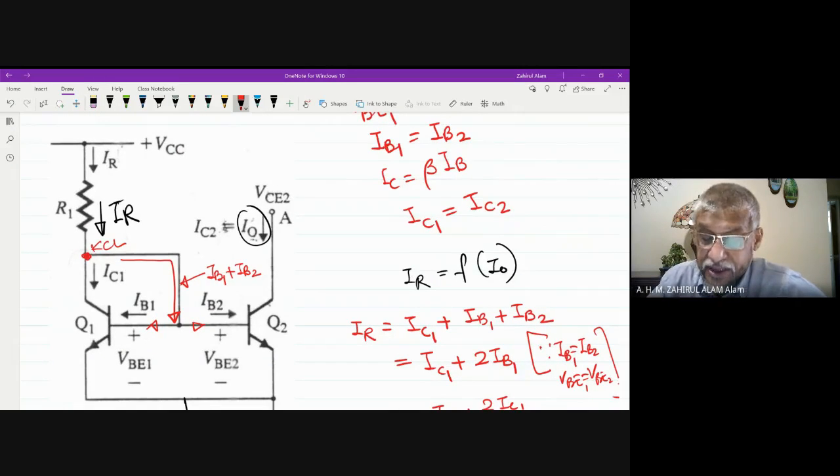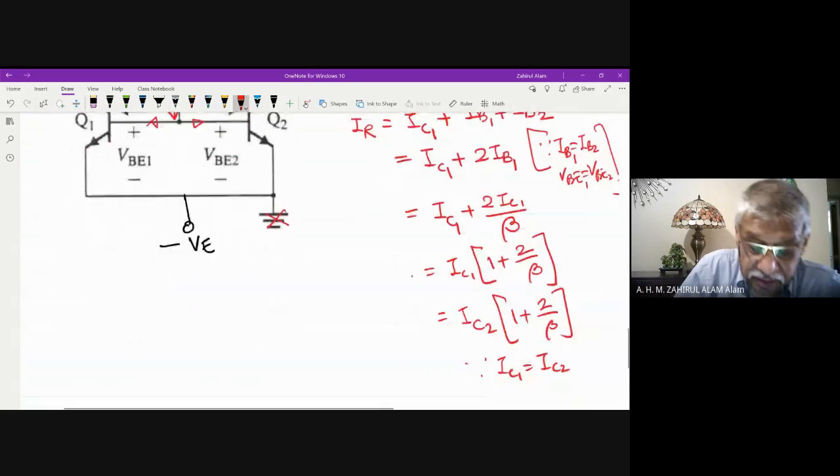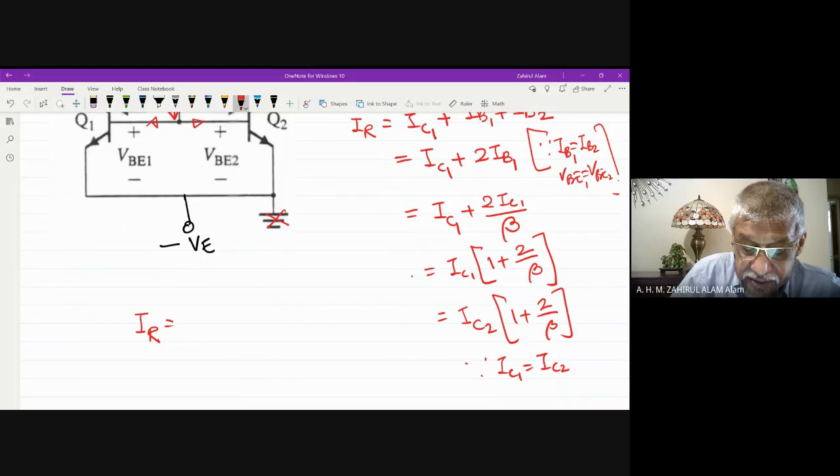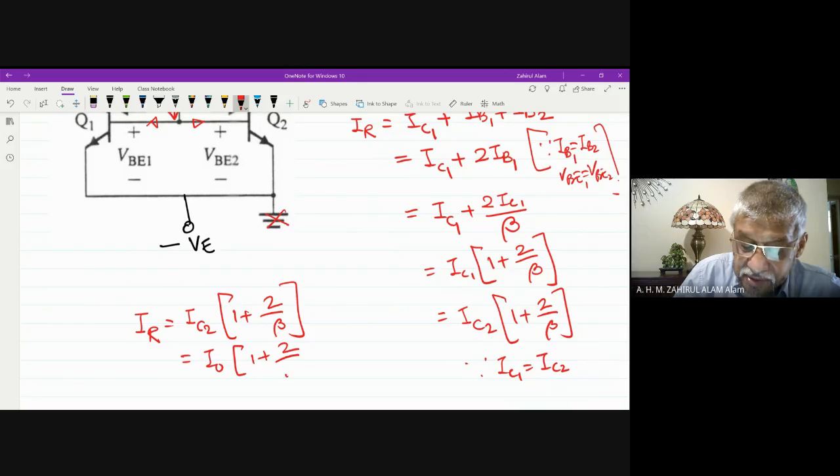Now we have come out with the relation IR equal to I naught times (1 plus 2 by beta).